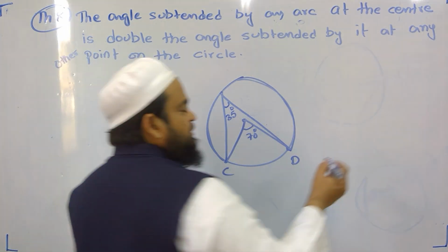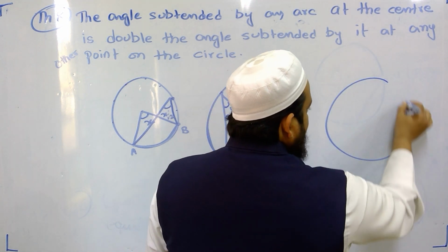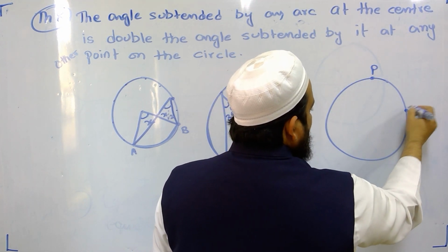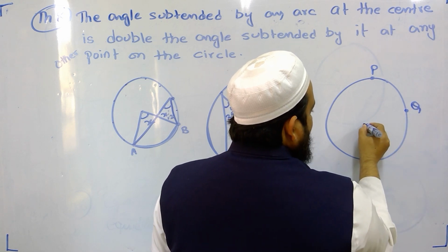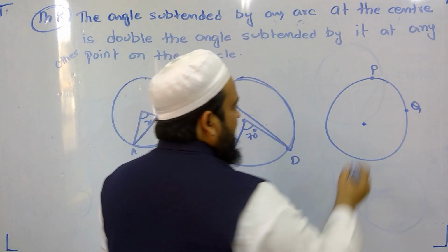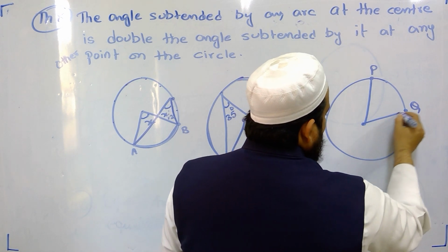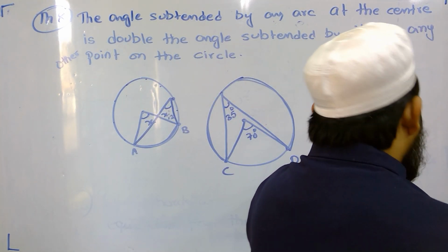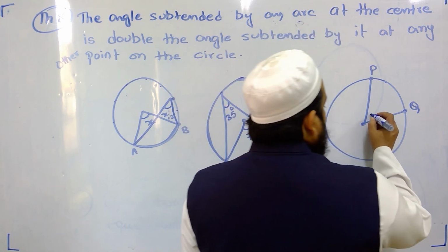Let us see. If I draw a circle and I am talking about an arc PQ, and this is the center, the angle subtended at the center, you can call it 60 degrees.